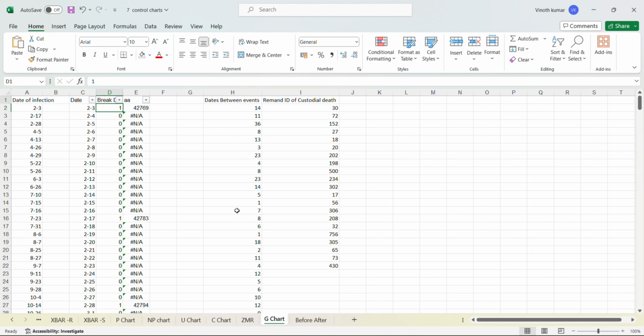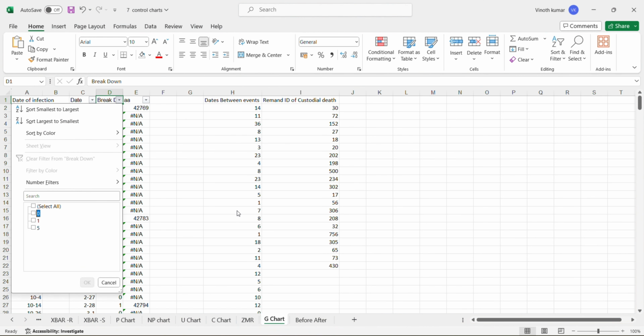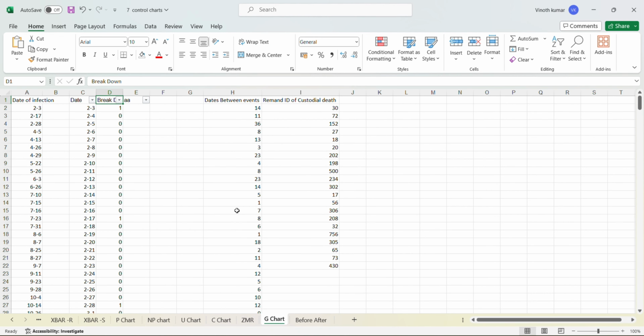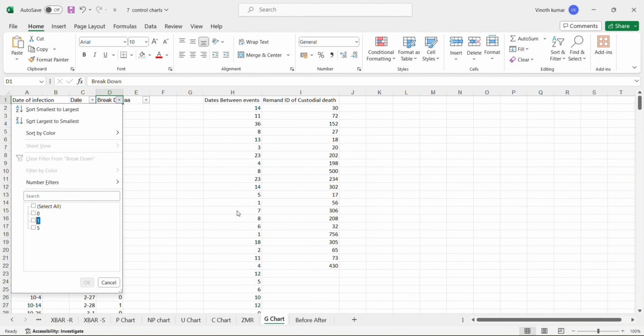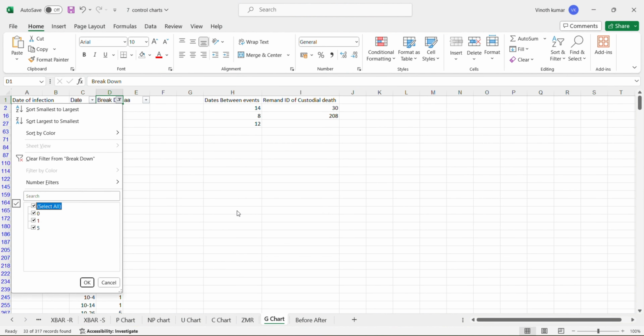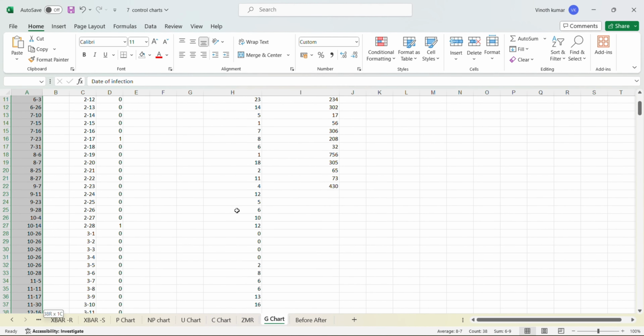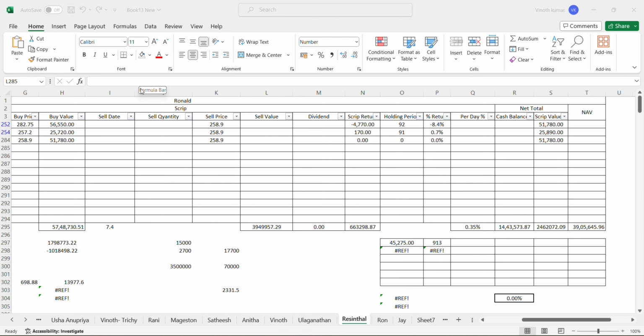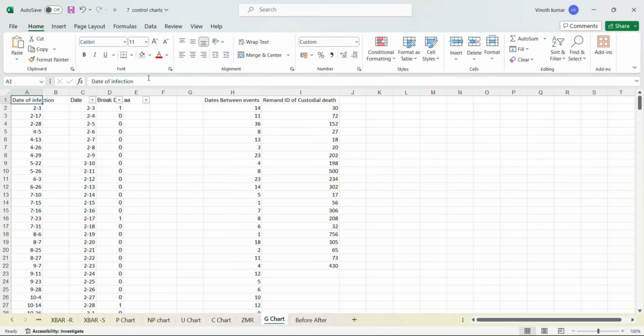So I'm doing a filter on only days where there is an event reported, and I am taking only these dates. These are the dates on which the event occurred. So I copy these dates and paste them here and call it date of breakdown. Let me change the header.